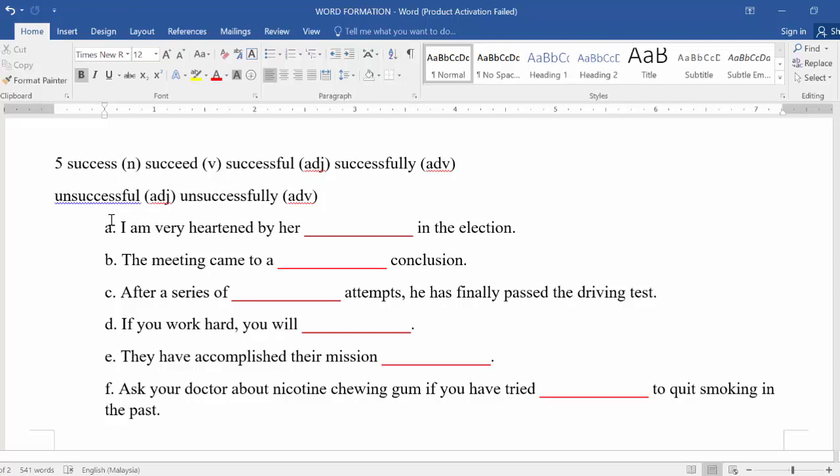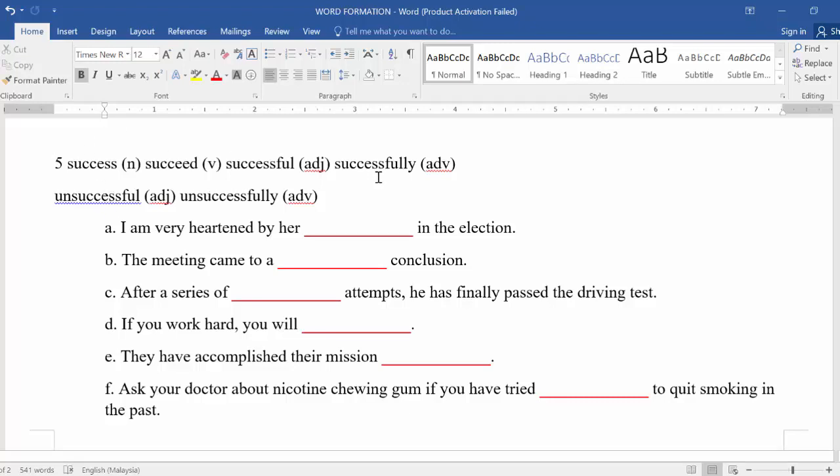In opposite, unsuccessful. For example, an unsuccessful performance means that this performance was not done well, it didn't get support from the audience. Okay, successfully, adverb.